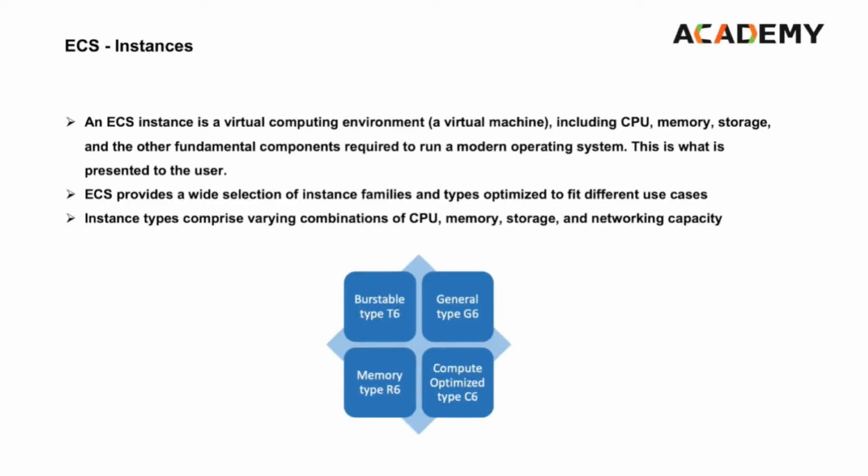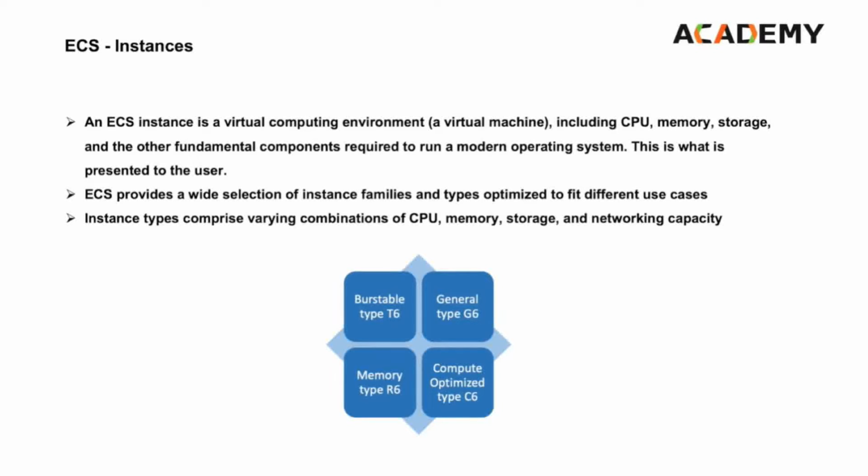An ECS instance is a virtual computing environment including CPU, memory, storage, and other fundamental components required to run a modern operating system. This is presented to the user. ECS also provides a wide selection of ECS instance families and types optimized to fit different use cases.